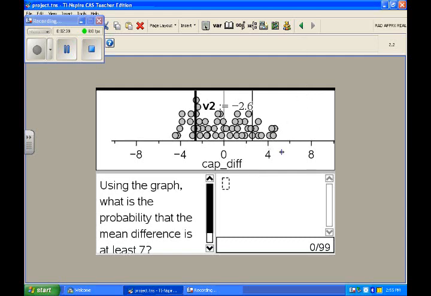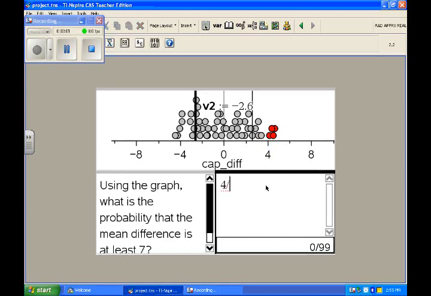So we decided that a mean difference would have to be above 4 to show that it was more extreme than the middle dots in the dot plot, and show that that difference was from the treatment and not random variation.